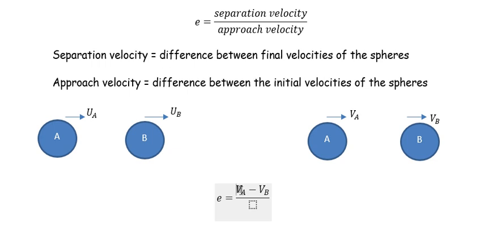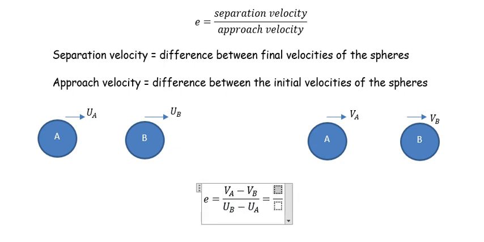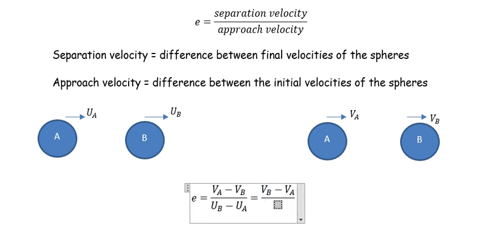So if I begin with VA in the numerator, in the denominator I will begin with UB, then minus UA. But if I decide to begin with VB in the numerator, I'll do VB minus VA, but when I go to the denominator I will begin with UA, so UA minus UB.